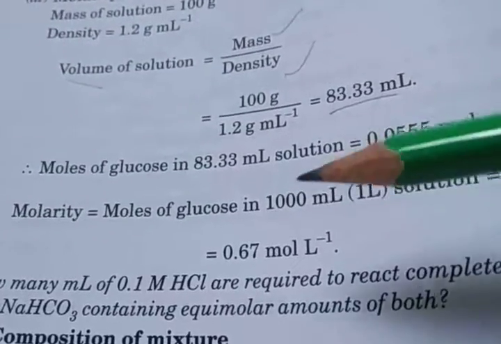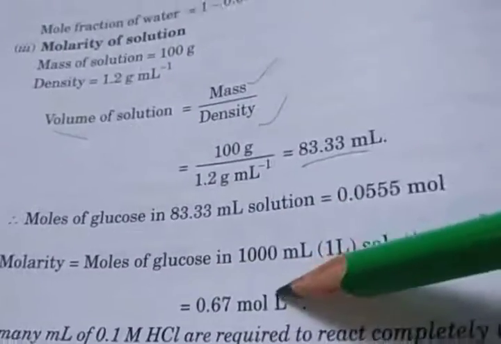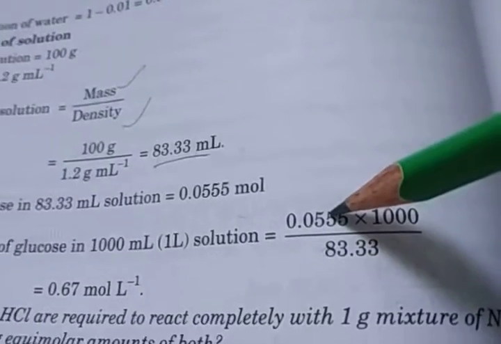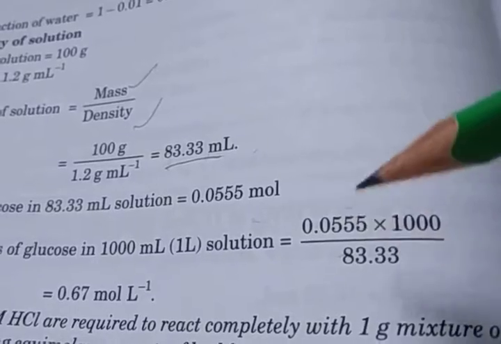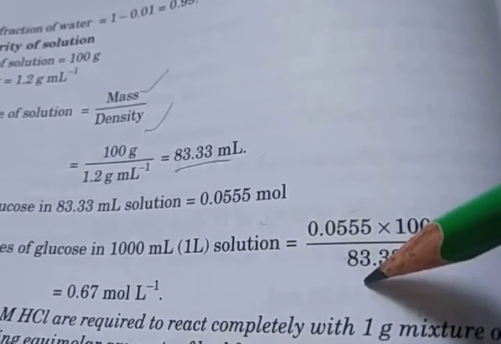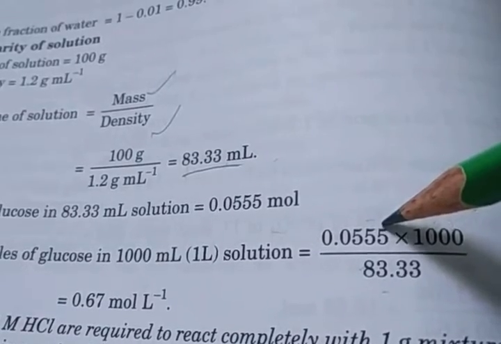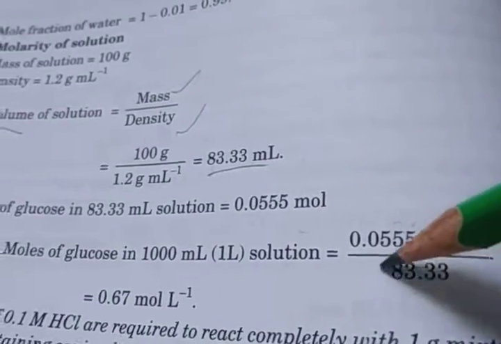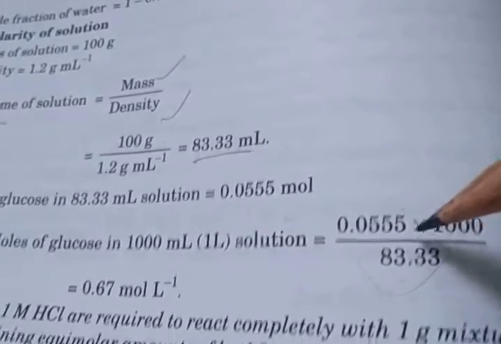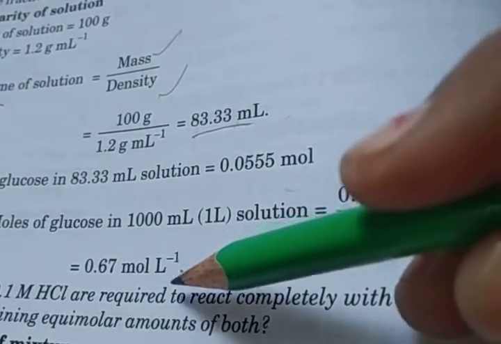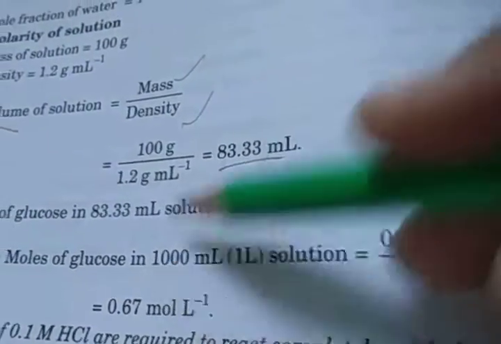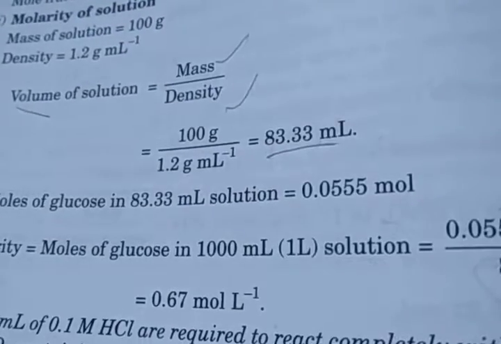The formula is molarity equal to moles of glucose in 1000 ml of solution, that is, moles of glucose divided by the volume of solution, multiplied by 1000. This is the formula of molarity, because in molarity we have to use volume. So calculate, it is 0.67 mole per liter. This is the molarity. Okay, clear?